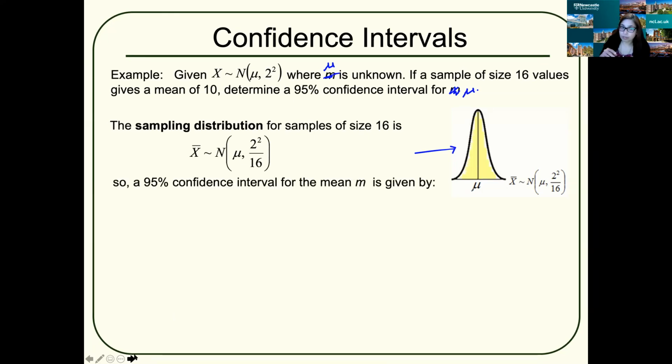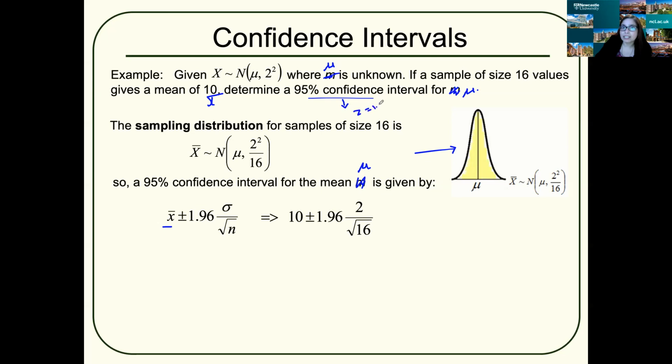And then, for a 95% confidence interval for the population mean, how is the confidence interval given? You remember, X bar plus or minus 1.96 times sigma by root n. Here X bar is the sample mean. The 95% confidence interval is used to find the critical Z value, which is 1.96.